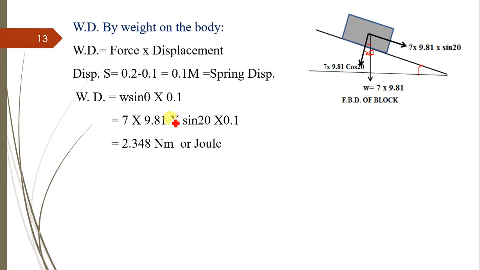So W sine theta, or 7 into 9.81 into sine 20 into displacement 0.1, is 2.348 Newton meter or joule. The other force, W cos theta, has displacement 0, so the work done in that direction is equal to 0. There is only work done in the direction of displacement.